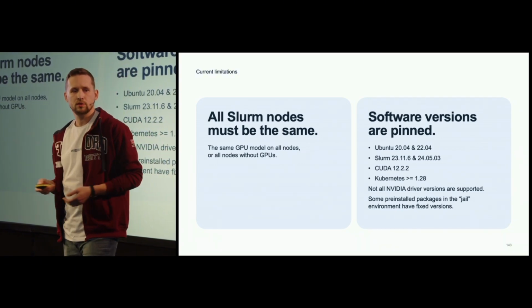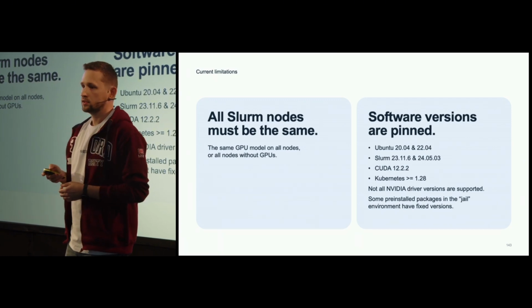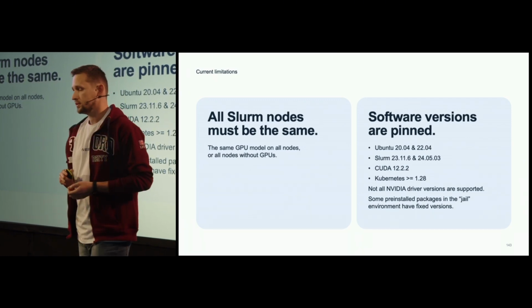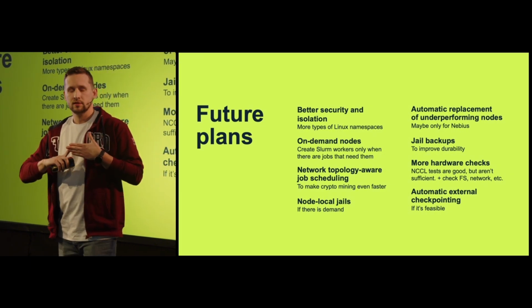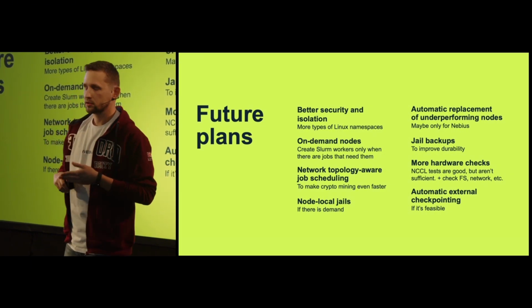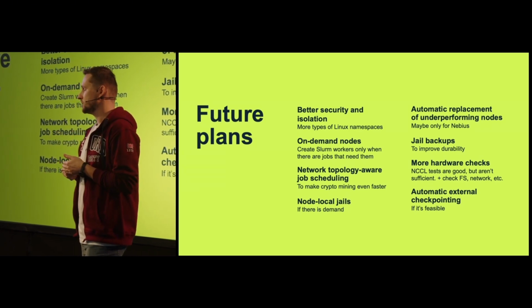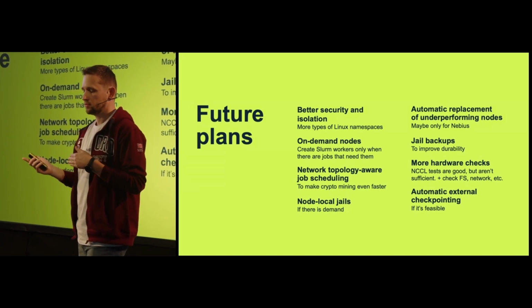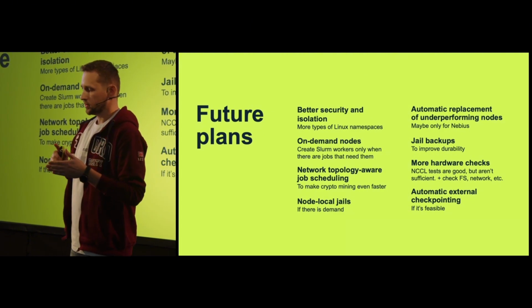In the future, we will add it. And we have pinned some software versions. In our future plans, we have already implemented automatic node replacement, GL backups, and we're going to add more active health checks for Slurm and hardware to understand what happens.